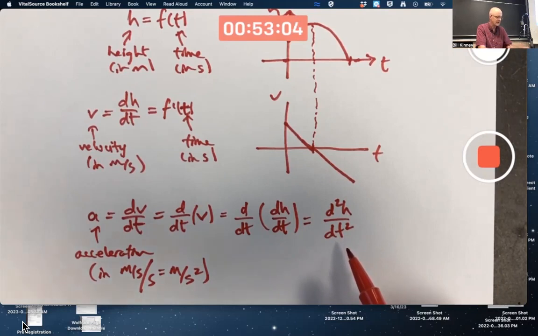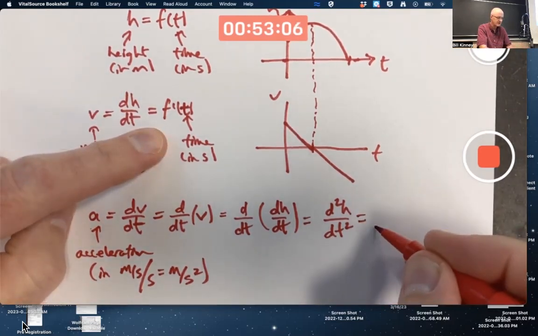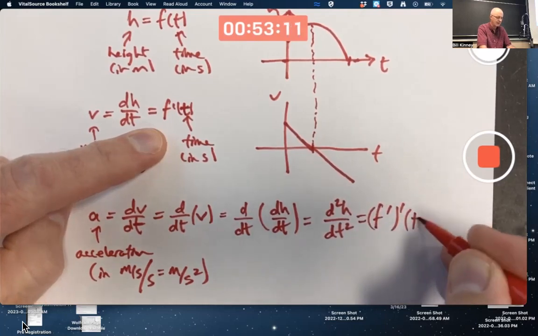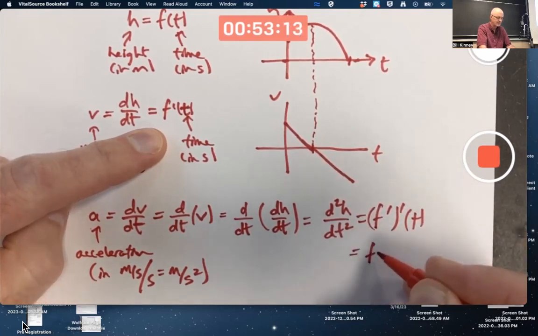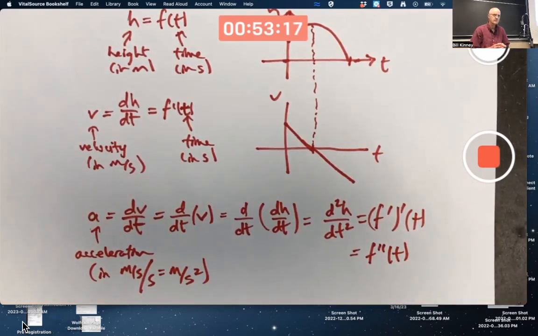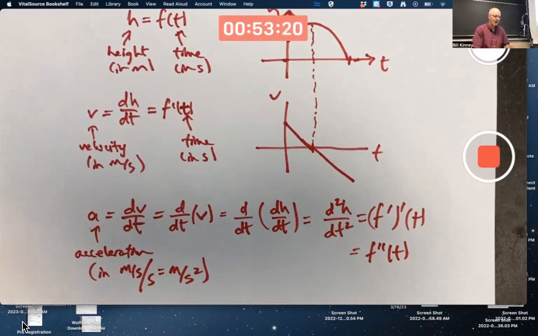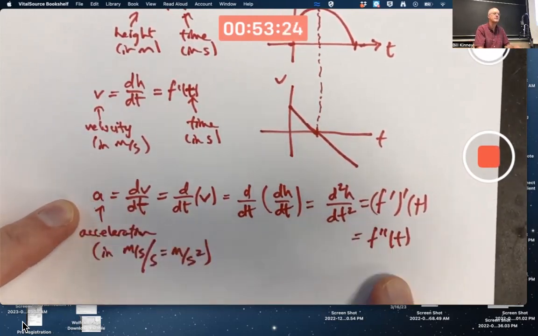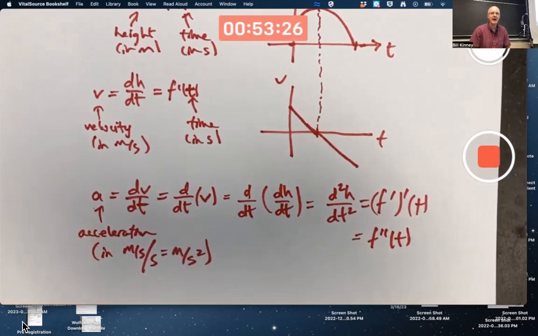With the function notation, however, we just do another prime, and well, why bother with all those parentheses? Just write f double prime of t. All these different symbols here, 1, 2, 3, 4, 5, 6, 7 symbols, all mean the exact same thing.